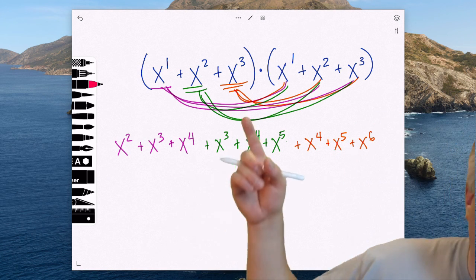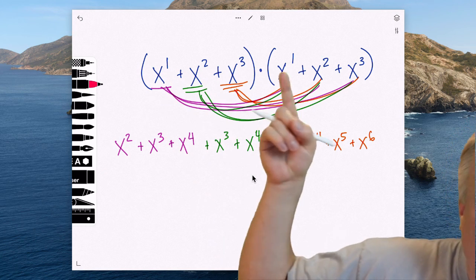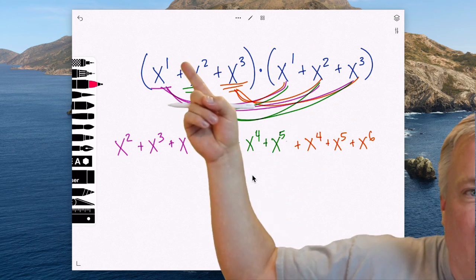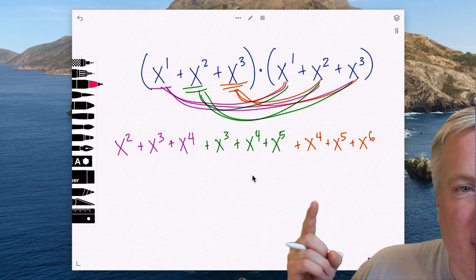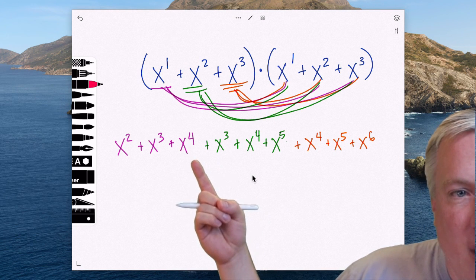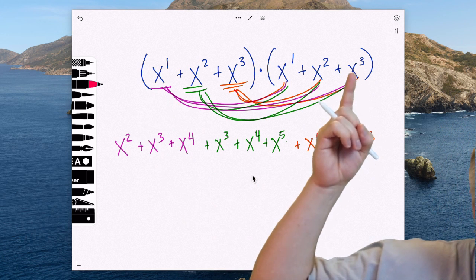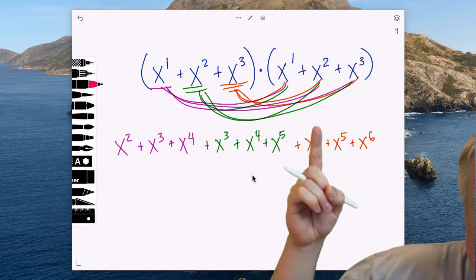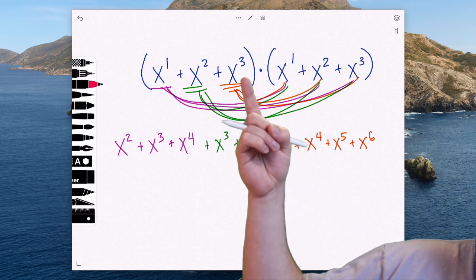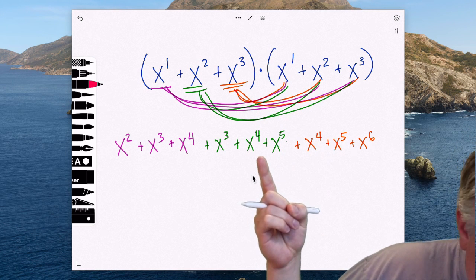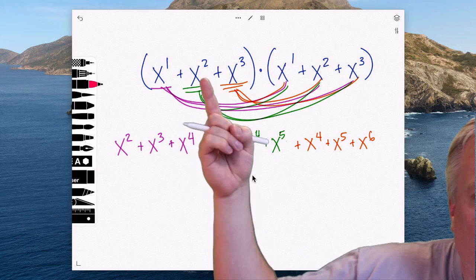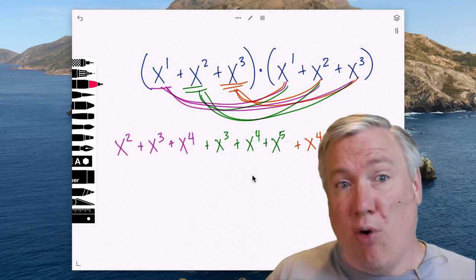Well, the same thing happens here, because when you multiply this by this, you're adding those exponents. But there's multiple ways that you can add up to each exponent number. For example, here's x to the fourth, which was x to the first times x cubed, so 1 plus 3. But over here I have x to the fourth, and it was x to the third times x to the first, so it was 3 plus 1. Well, here's x to the fourth as well, right in the middle. Well, that one was x squared times x squared, or 2 plus 2, so there was multiple ways.